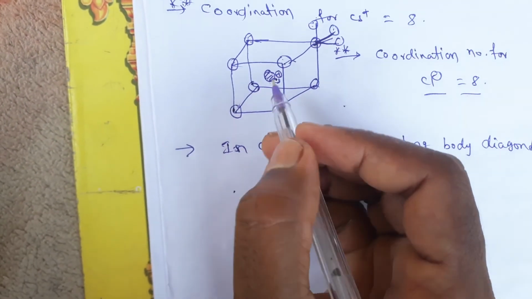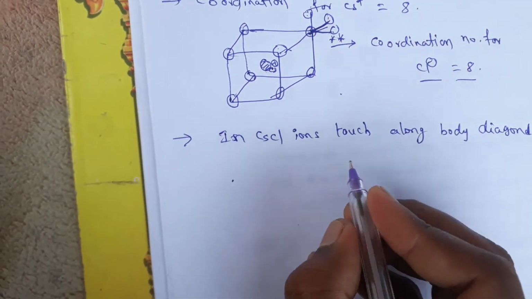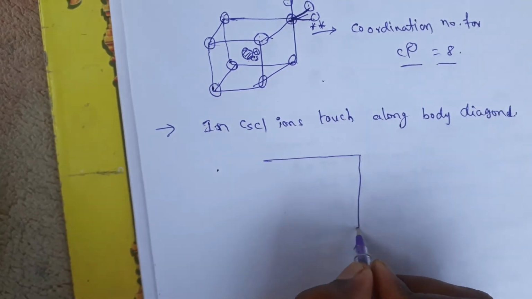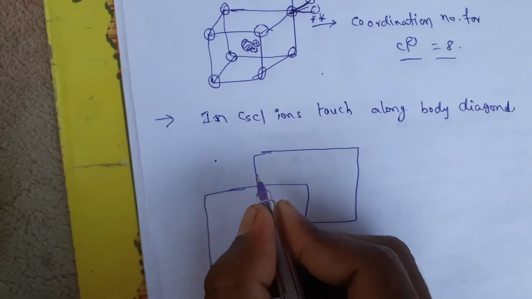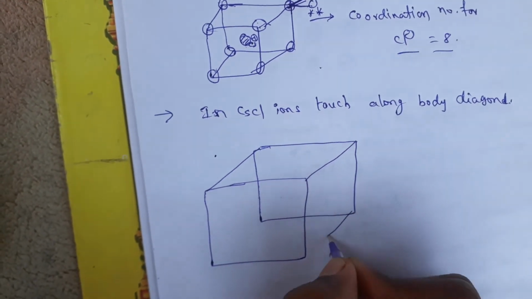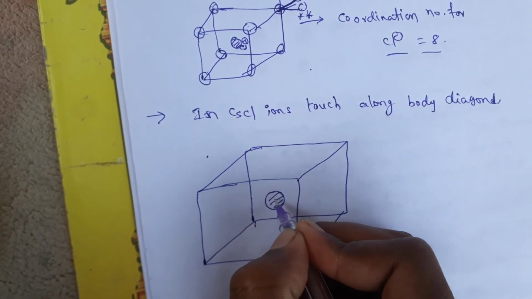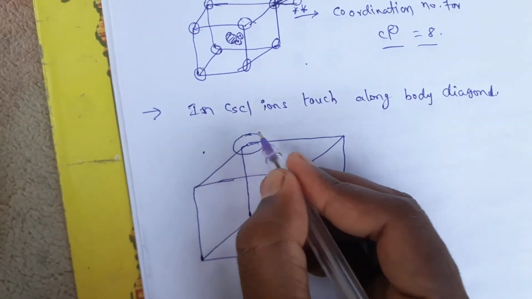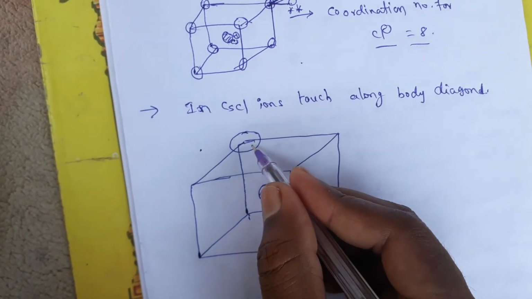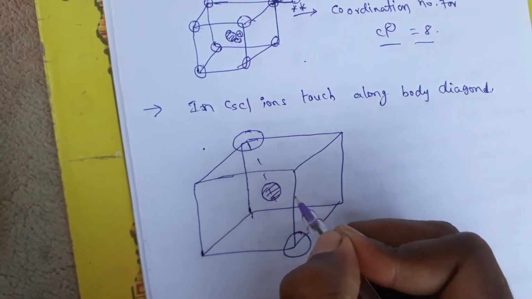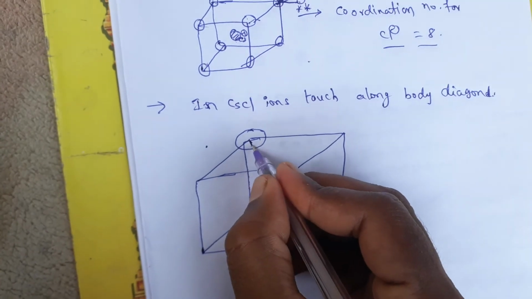If I take this body diagonal, I can draw it here. This is body centered cubic. First you draw a cube and only take 3 atoms, one at each position along the body diagonal. If you draw a body diagonal, we call this the body diagonal. Somebody may confuse you, but don't be confused.